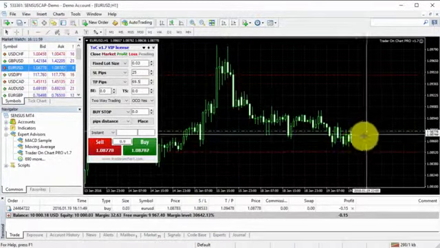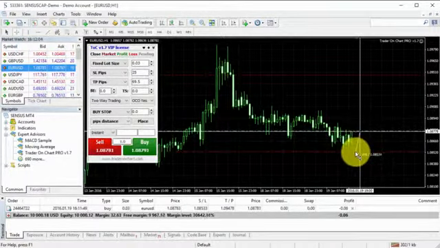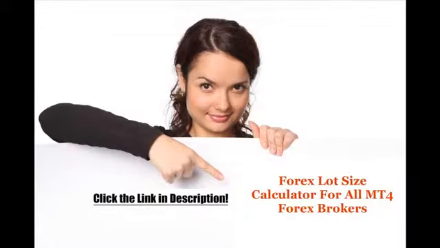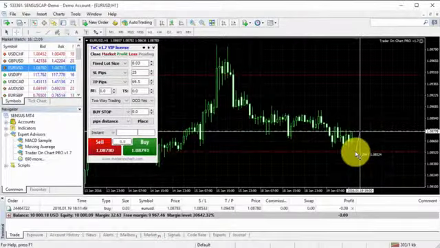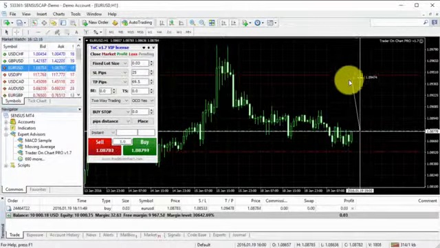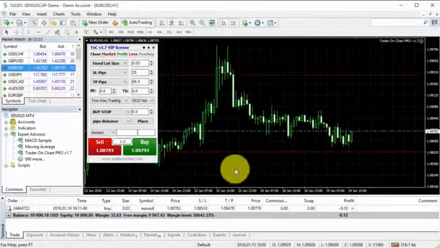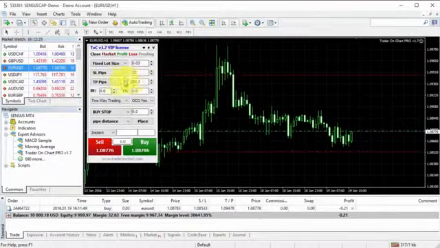So I could try to measure it with my mouse right here. Yeah, it's somewhere about 25 pips stop loss, and my measurement is not that exact, but yeah, it's at 69.5. You can do the calculation from these numbers right here.